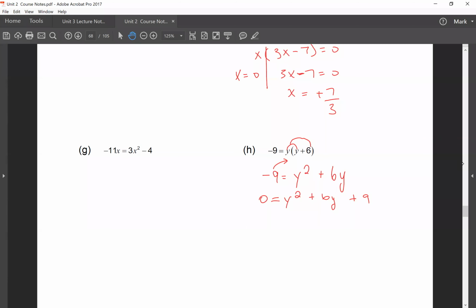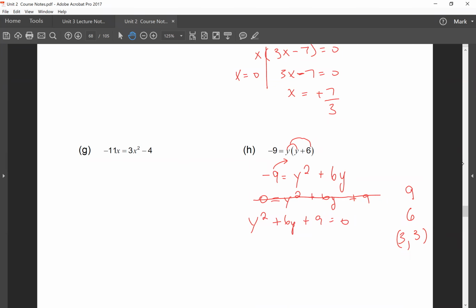So we're going to factor this quadratic here. So I'm looking for a number that multiplies to give me 9 and adds to give me 6. This could be pretty easy. I think this is what we would call a perfect square quadratic. The numbers are 3 and 3. So when I factor this, I'm going to rewrite this, guys, as y squared plus 6y plus 9 equals 0.